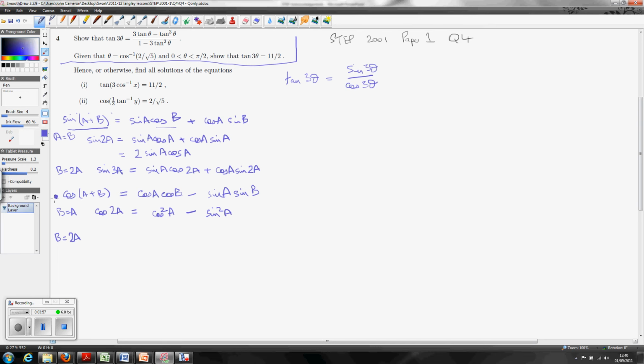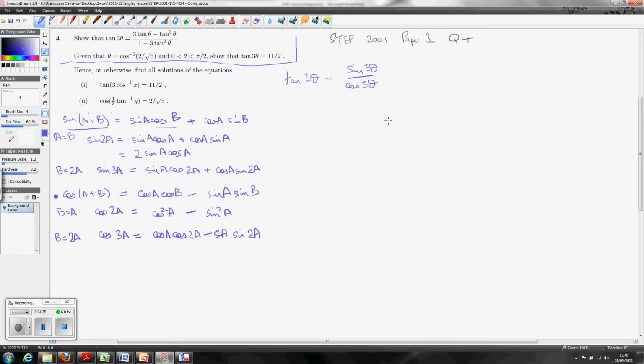Now applying that into this equation here, you get cos of 3A, because it's A plus 2A. And that's equal to cos of A cos of 2A minus sine of A sine of 2A.